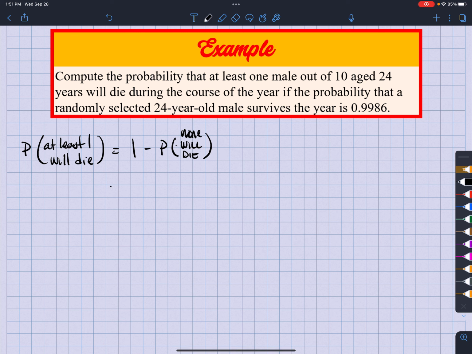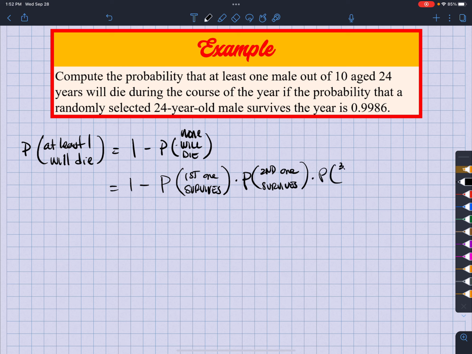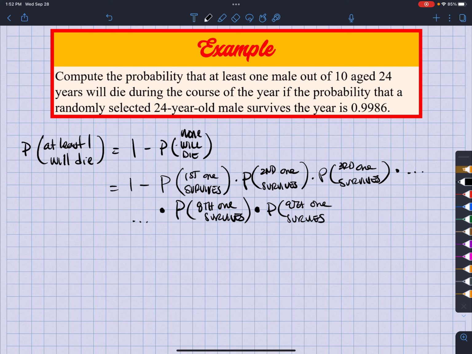So this is going to be 1 minus the probability of the first one survives, times the probability of the second one survives, times the probability of the third one survives, the fourth one, the fifth one, the sixth one, the seventh one, the eighth one, the ninth one survives, and the probability of the 10th one survives as well.